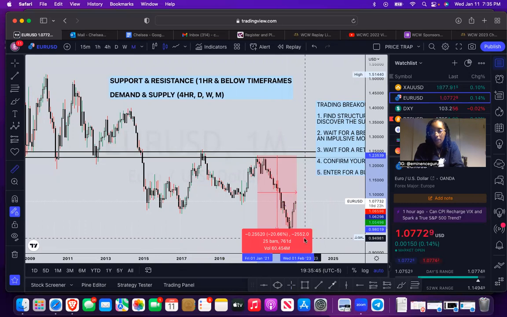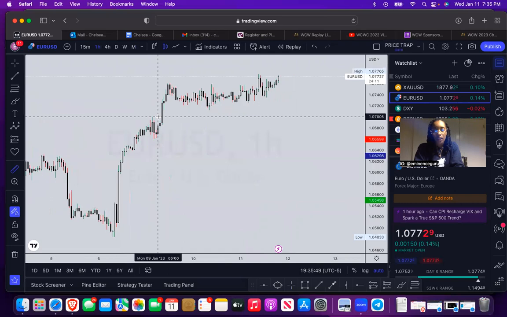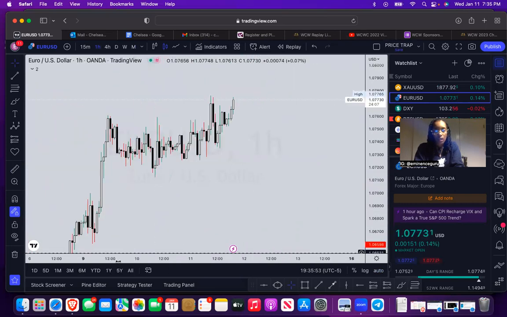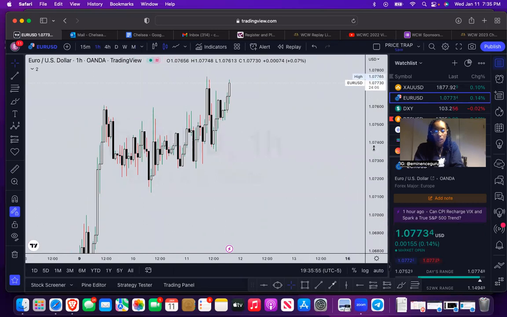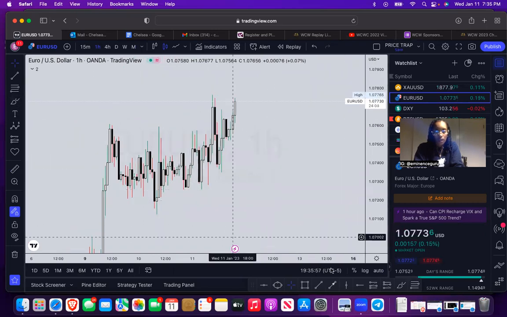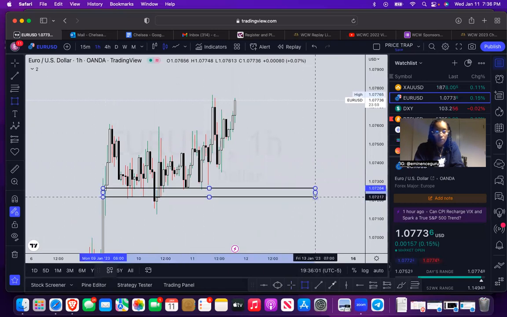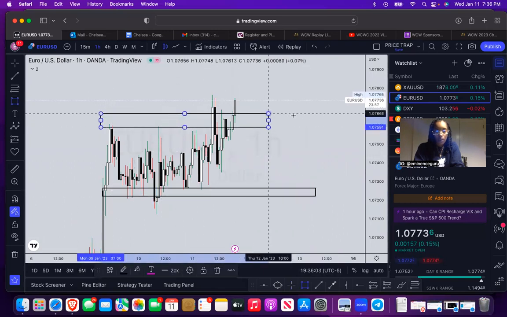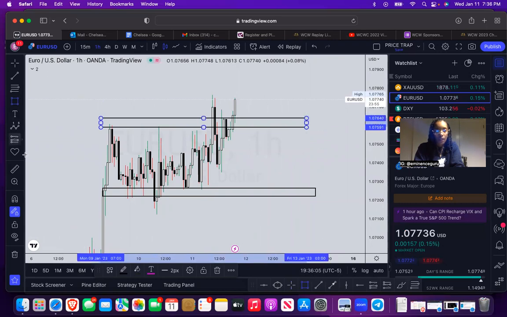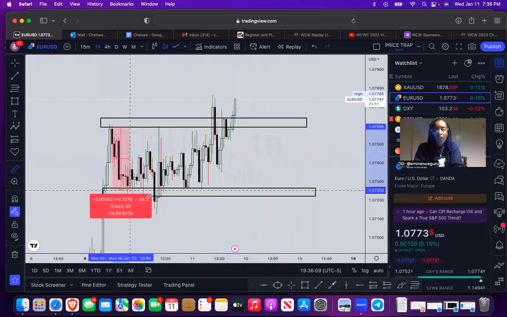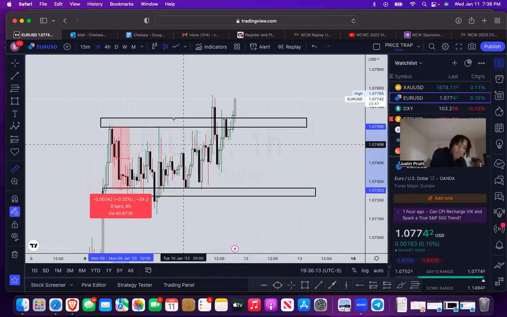But if I go down to the 1 hour, and let's just say I grab this range, this is our bottom. There's support. Here's resistance. And out of this resistance area I get 34 pips. A lot less. You see what I'm saying?